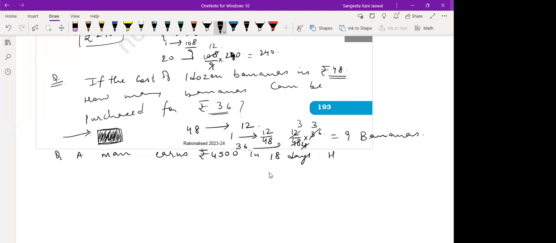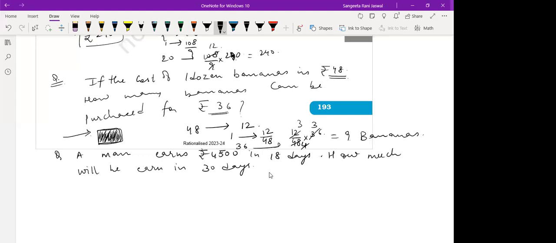How much will he earn in 30 days? In 18 days, he could earn 4,500.